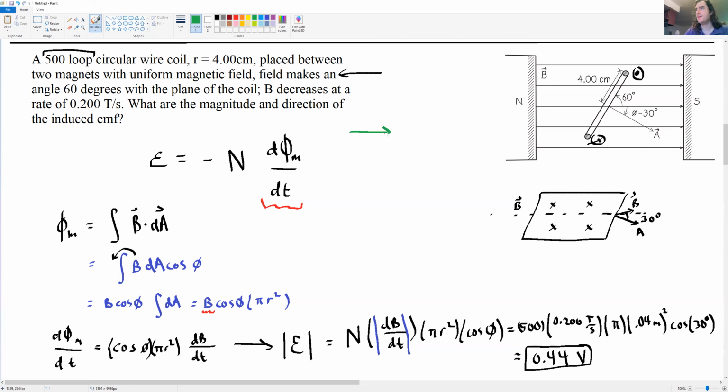If that's the magnetic field, and this was the magnetic field, so this is like B initial, and this is like B final, then there's a delta B, right? And delta B is final minus initial.